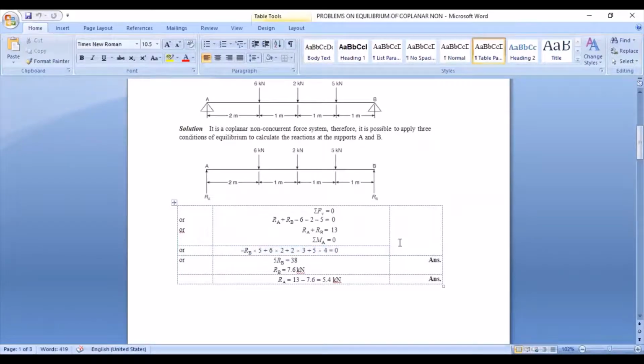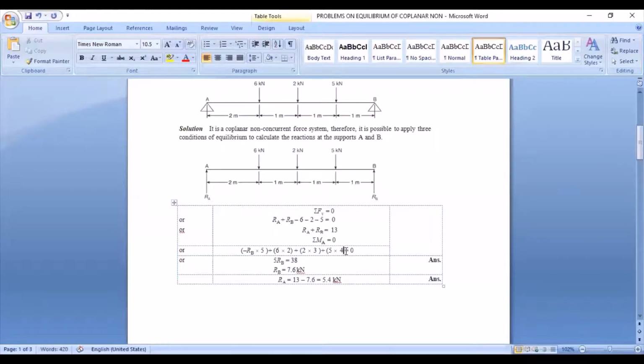Now, starting with the first one, we know the rules for applying the moment. If the force is vertical, the distance to be multiplied is horizontal, and if the force is horizontal, the distance to be multiplied is vertical. By applying the same theory, we shall continue.